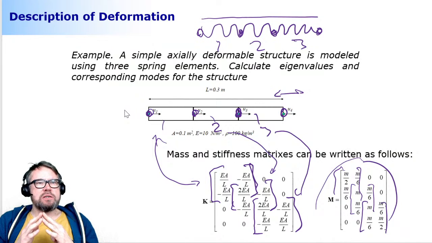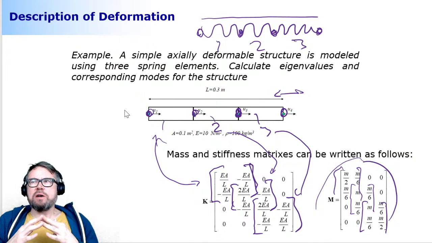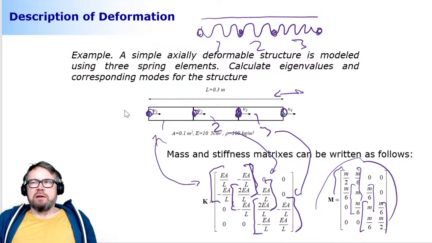It's not attached to any of the boundaries, so it's free to do whatever it wants. The first thing that it will do is a rigid body translation. It will move like a rigid body back and forth like this. The natural frequency associated with a motion like that is 0.